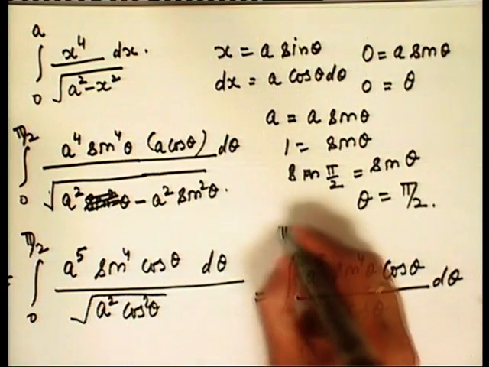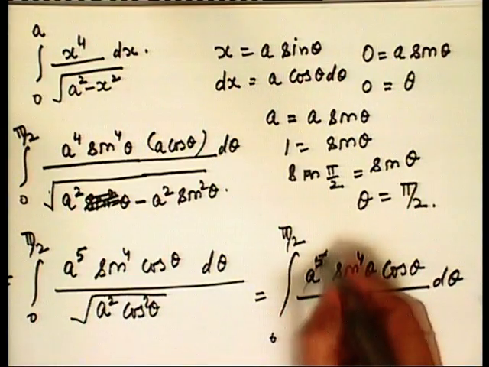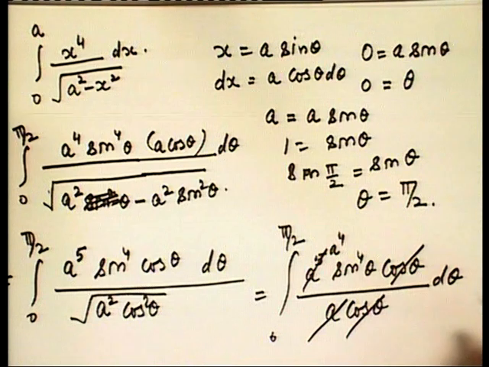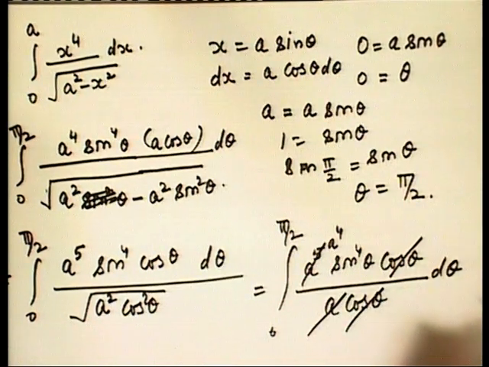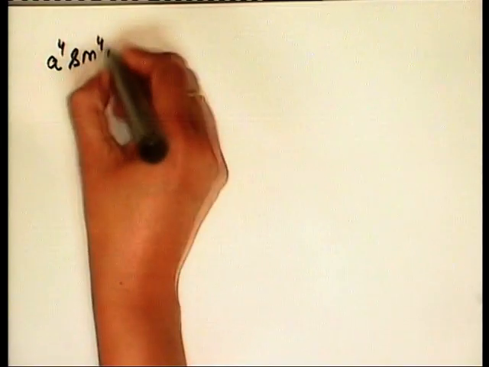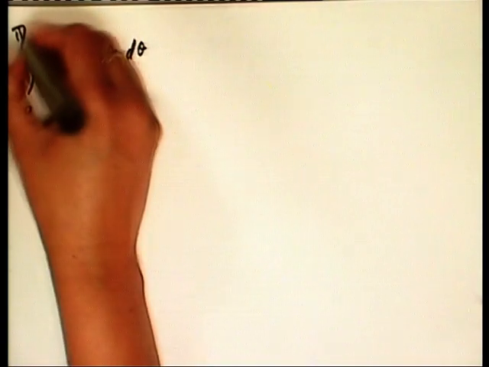Limit is 0 to pi by 2. And we get a raised to power 4 sine 4 theta d theta, and limit is 0 to pi by 2.